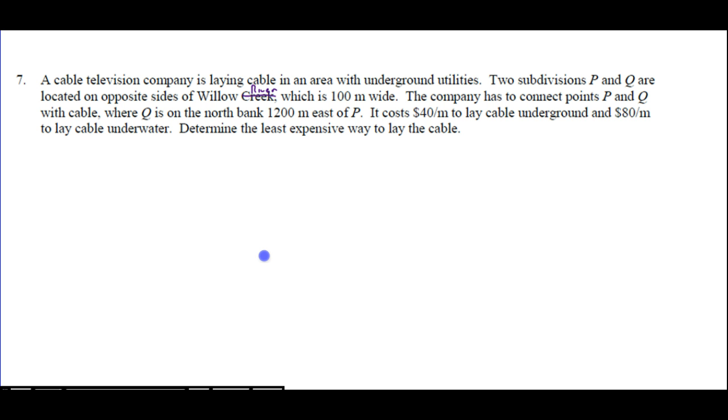Anyways, the company has to connect points P and Q with cable, where Q is on the north bank 1,200 meters east of P. Okay, so let's draw a little diagram here. So here's Willow Creek, or river.